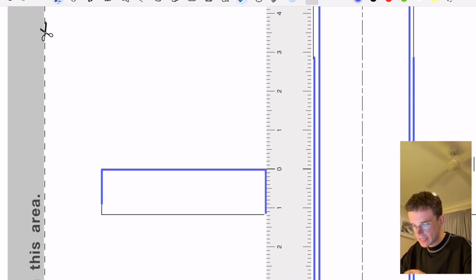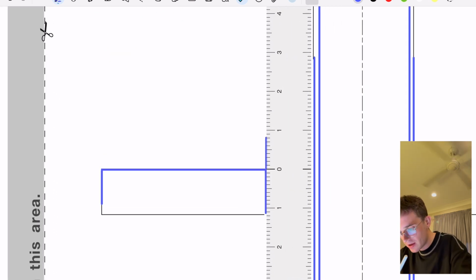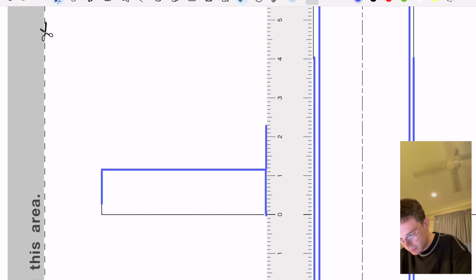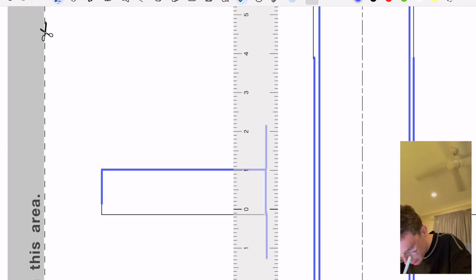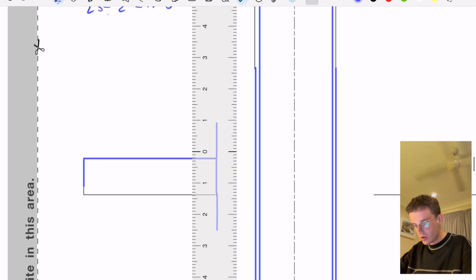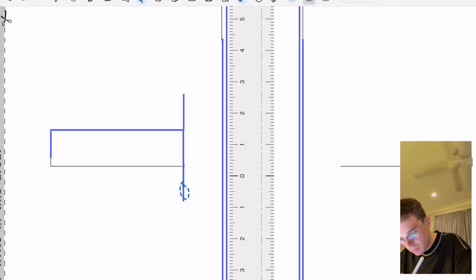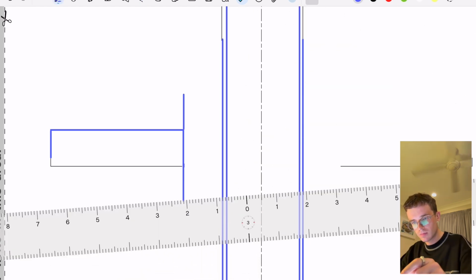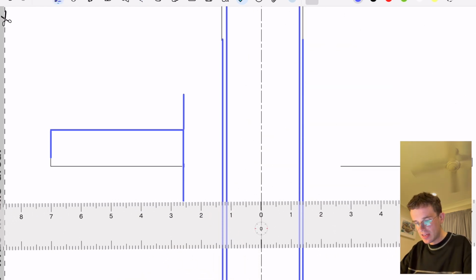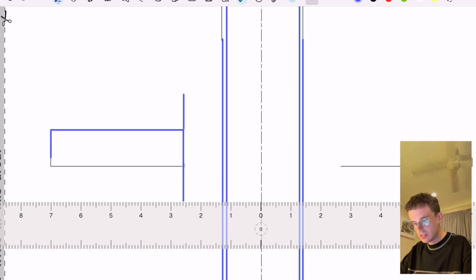So you want to go up to here, and we're going to go up by 11.5 and down by 11.5, and then we're going to go across and meet that nut with the center of this bolt here.